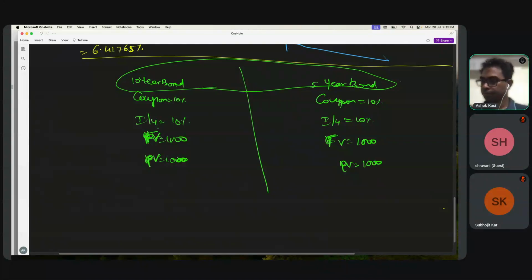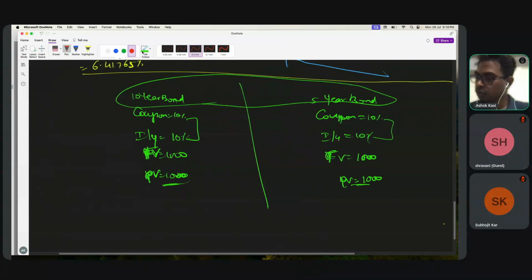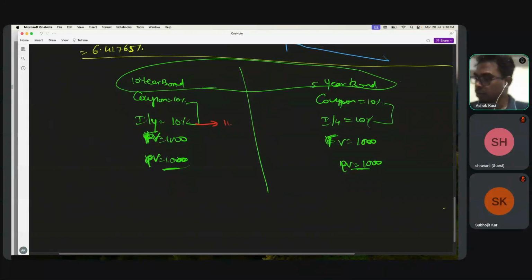This will be 1000 only. This will also be 1000. Now the interest rate is changing. So let's say the interest rate goes to 11 percent. Calculate now. What is the present value?